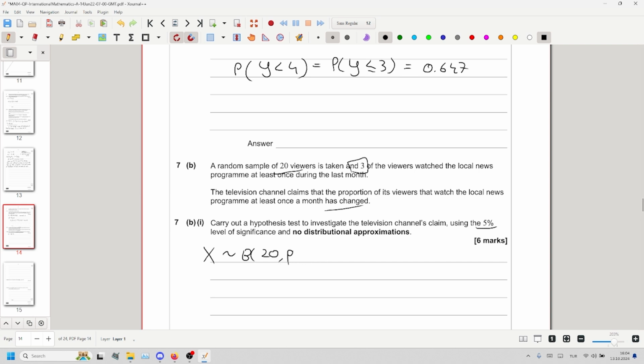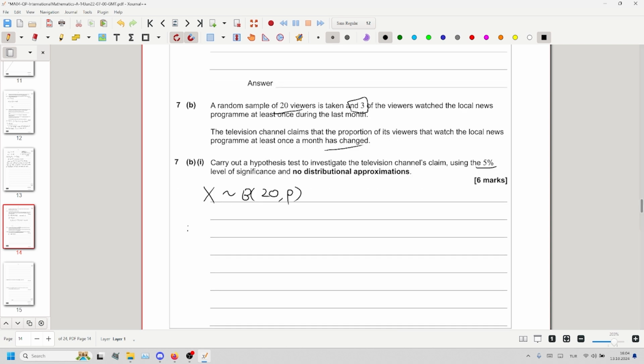Or let's just say probability P. Now here P is the probability. Let's carry out the test from now on.